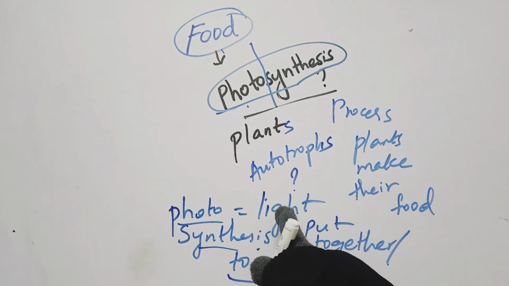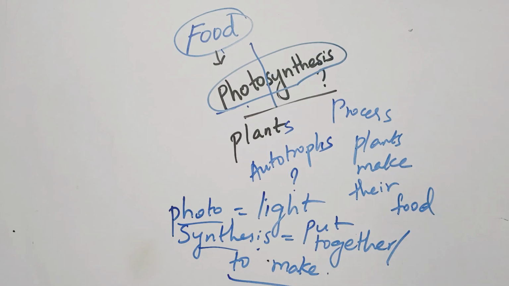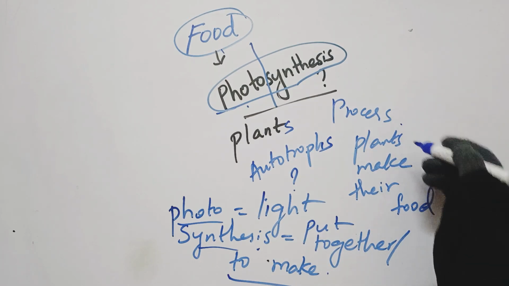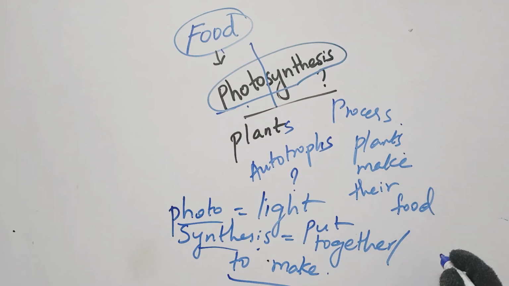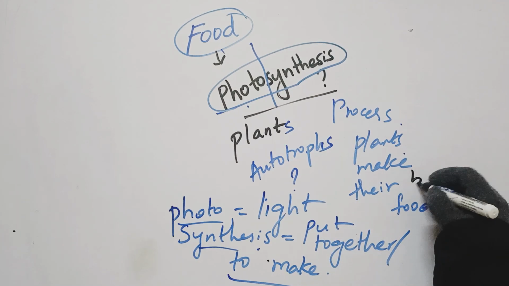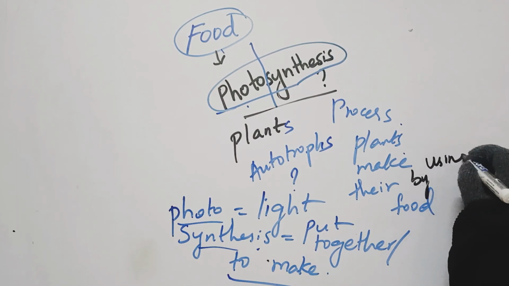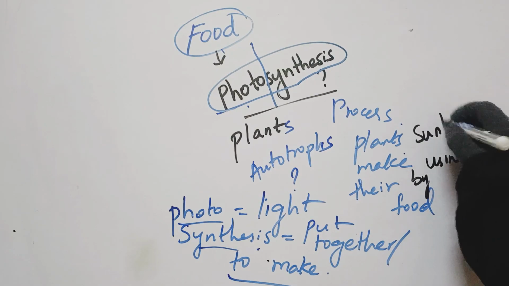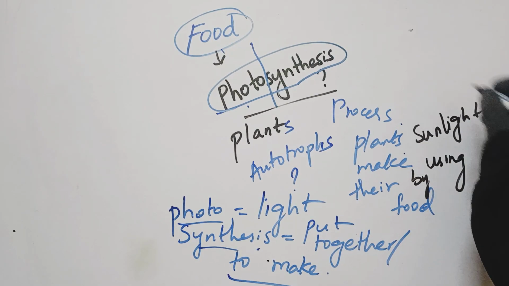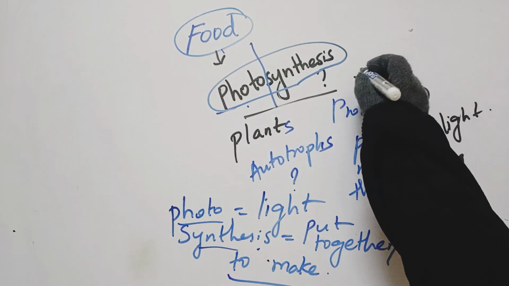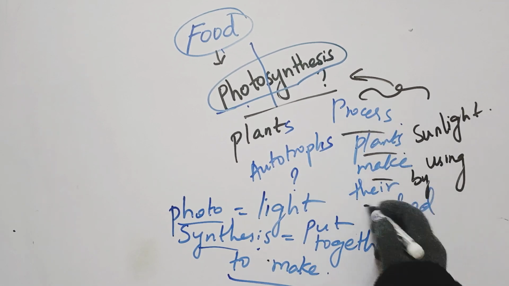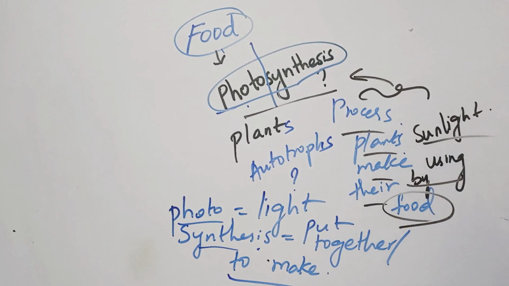What else do we have to use? So let us revise this definition. The process by which plants make their food by using sunlight. By using sunlight, this process is called photosynthesis. So the process by which plants make their food by using sunlight is called photosynthesis.